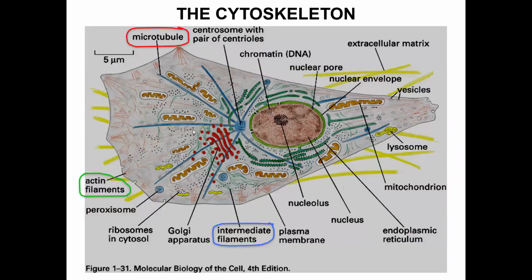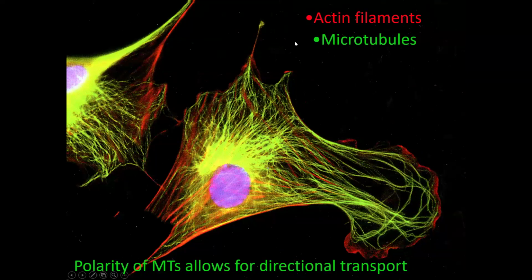Now, very fast, I'm going to the cytoskeletal elements that are present in the cells. The cytoskeleton is made of actin filaments, of microtubules, and of intermediate filaments. The actin filaments are stained here in red, and they form bundles.